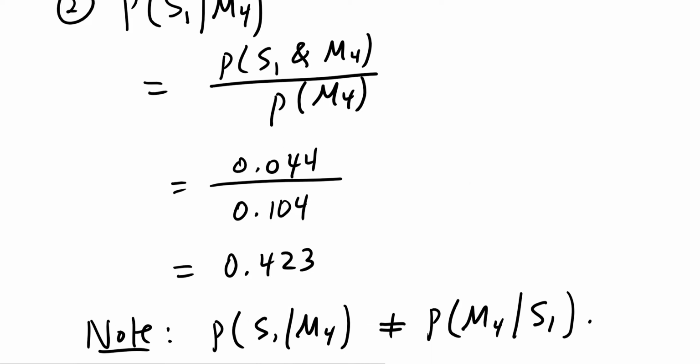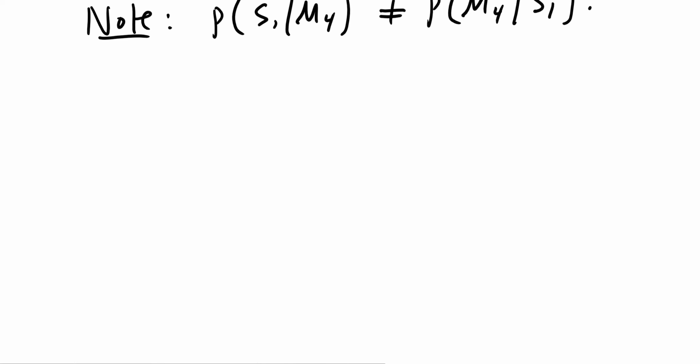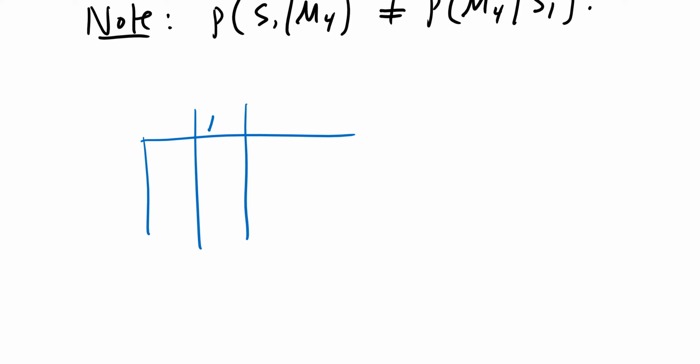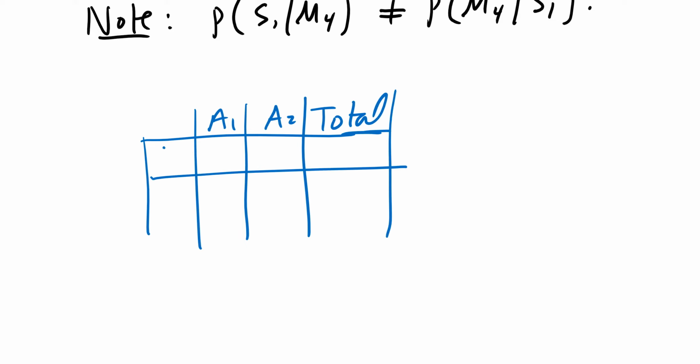So we can look at a different table, such as, let's say we have A1, A2, and we get the total here. R1, R2, and we got total.